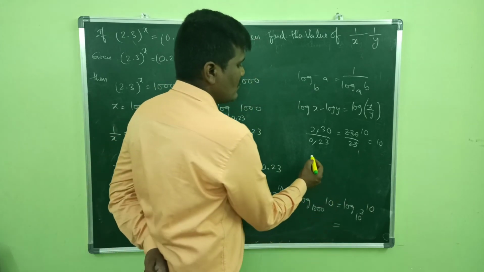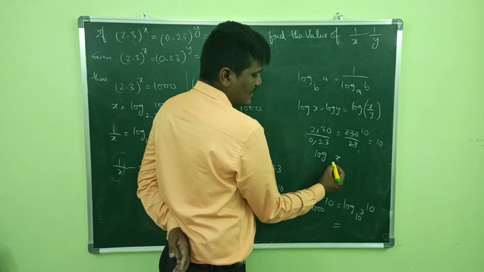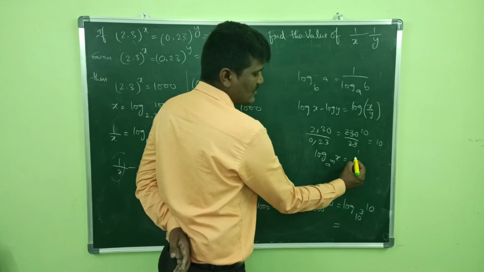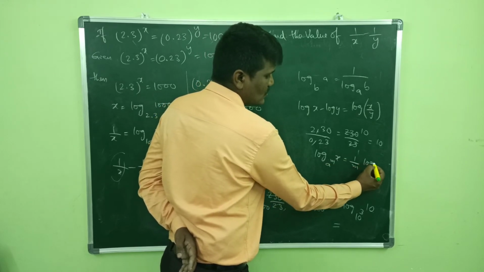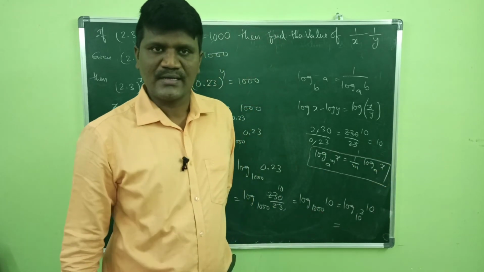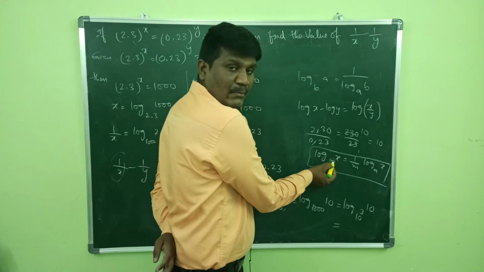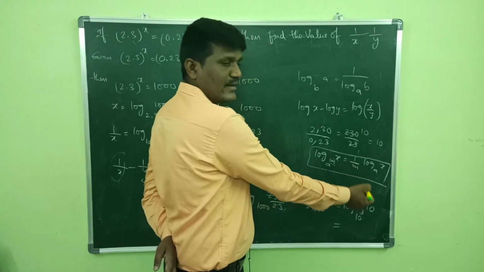We know the formula, right? What is the formula? Log x to the base a power m: if the power m is there in the base, I can write 1 by m log x to the base a. This is the power rule, right? If the power is there in the base, I can write it in the denominator.